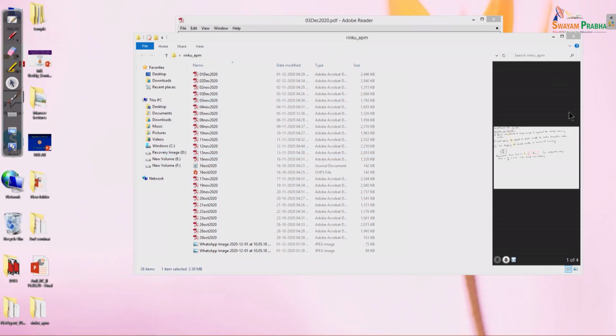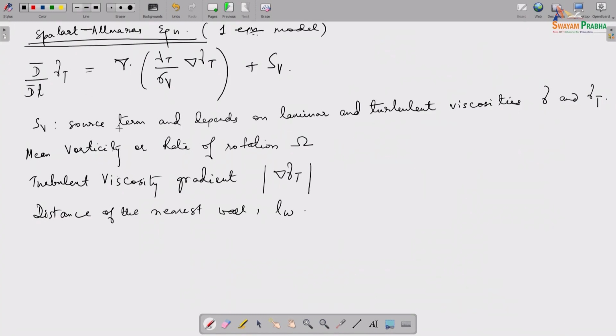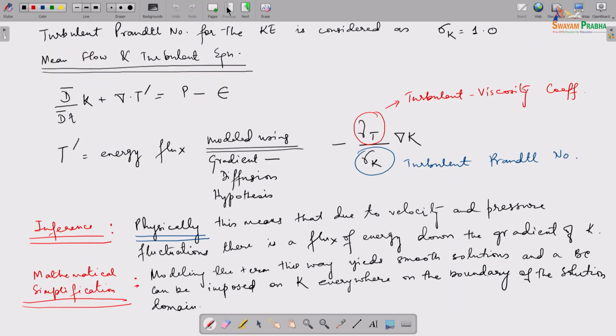So then that's where the turbulence modeling came up, and we started with the K epsilon model. In the K epsilon model, essentially I have two equations, one for K and the other for epsilon.